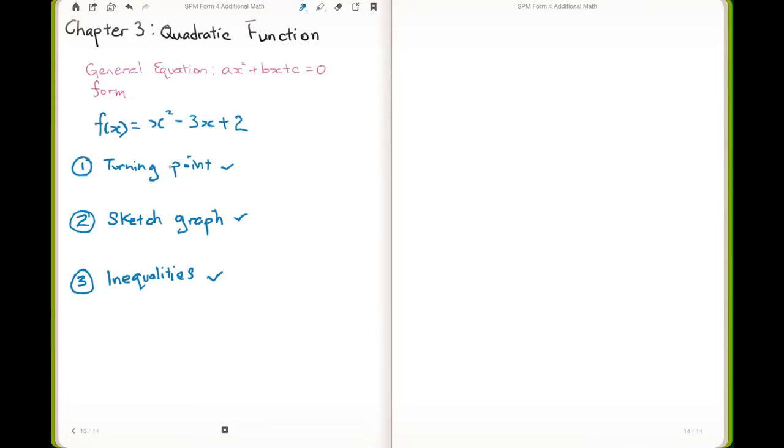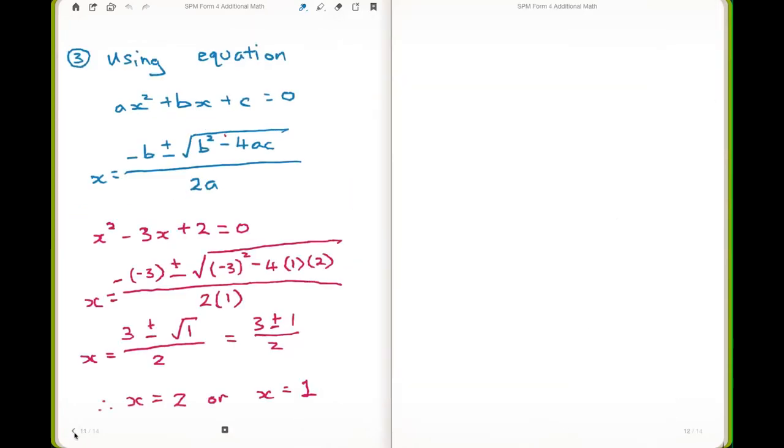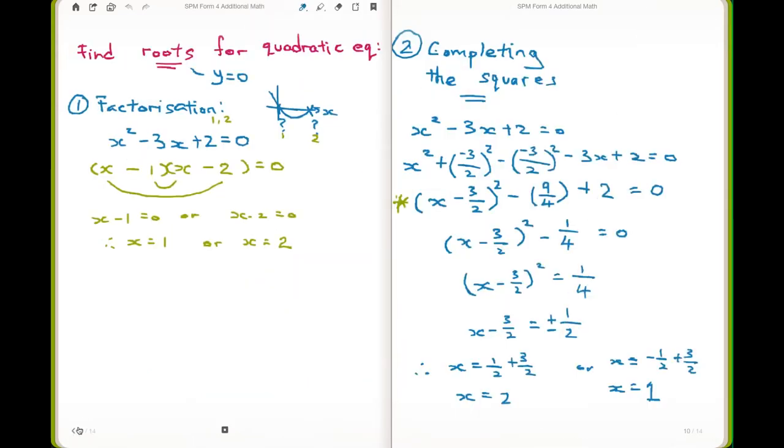To start with the turning point, in my previous video, I have it here. Getting a turning point, we make use of completing square. In completing square of the same equation, I plus the b over 2, I minus b over 2, and then this is the final result.